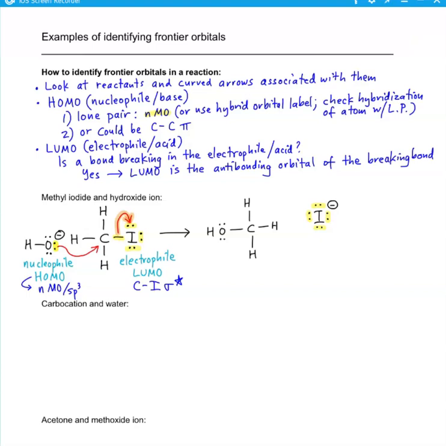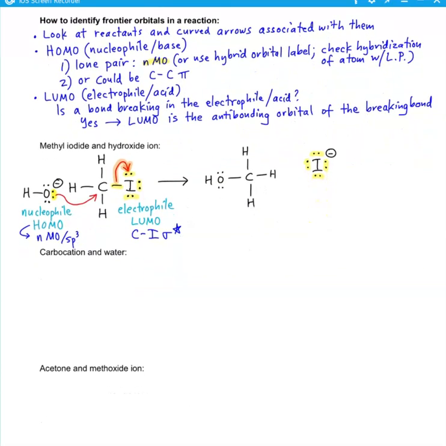Okay, let's do another example, and then we'll be able to fill in a little more information. So this example is going to involve a carbocation. I'm going to redraw. I just don't like that carbocation for some reason. Let's make it a little bit larger. So a carbocation, which to remind you is a structure that has a carbon that has a positive formal charge, and that's going to react with water.